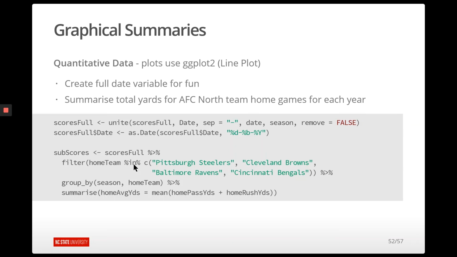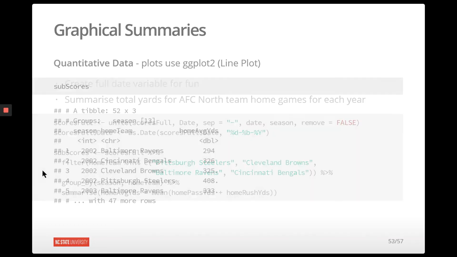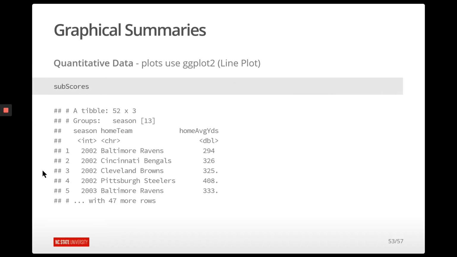This is great for looking at whether or not something is in a vector or a list. So we're saying filter just where the home team is one of these 4 values. And then from there, we're going to group by season and home team, and we're going to do a summary to get the home average yards. Cool. So this is what the resulting data set looks like. So for every season and for every team in the AFC North, we have their average home yards across their home games.